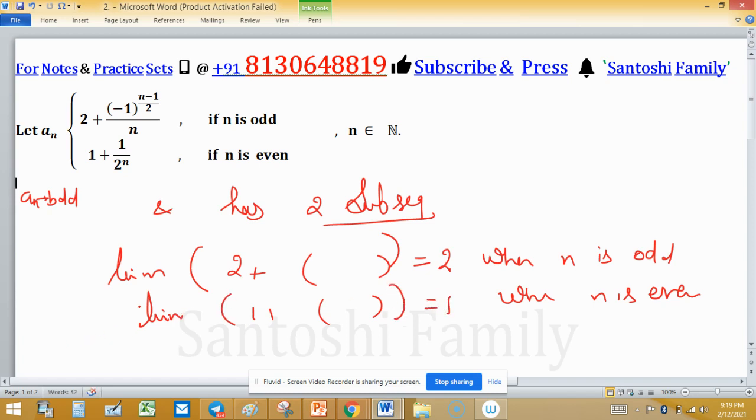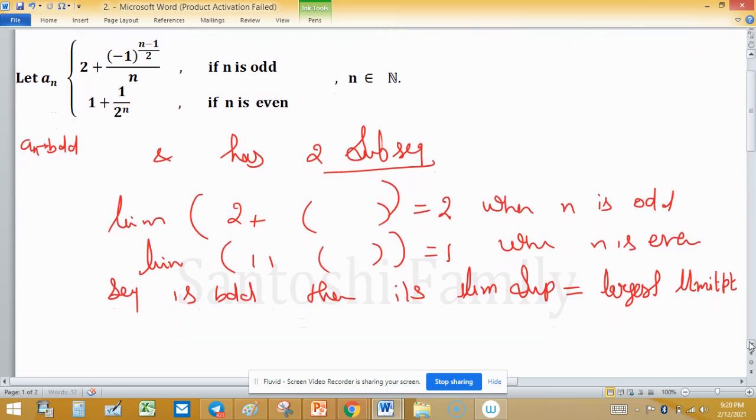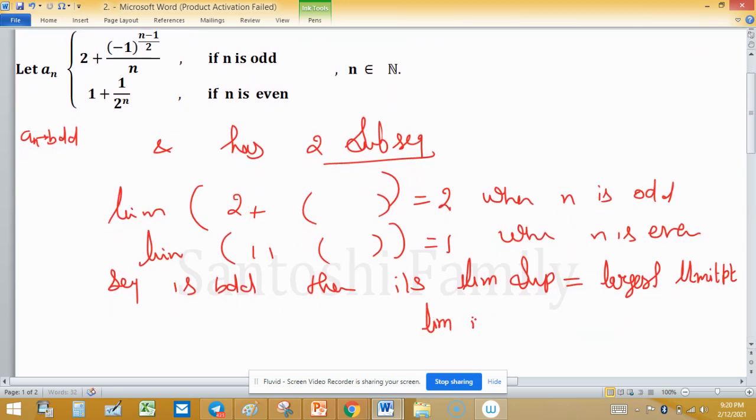And we know the result that when a sequence is bounded, then its limit superior will be the largest limit point and its limit inferior equal to the smallest limit point.